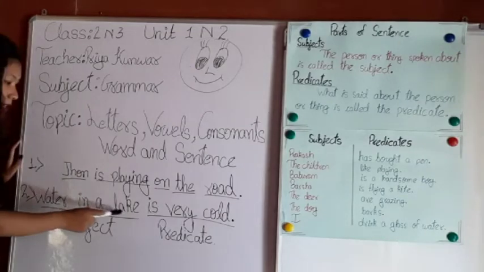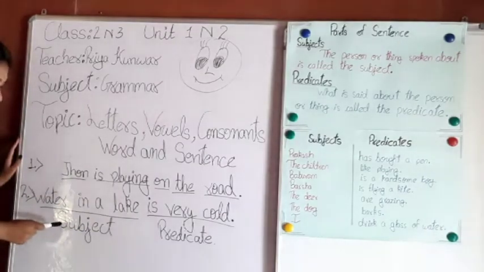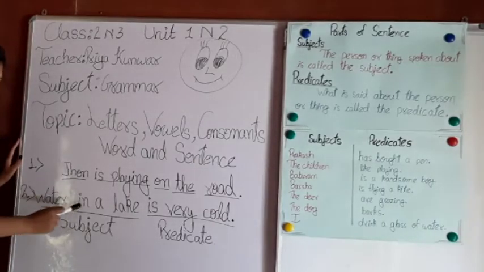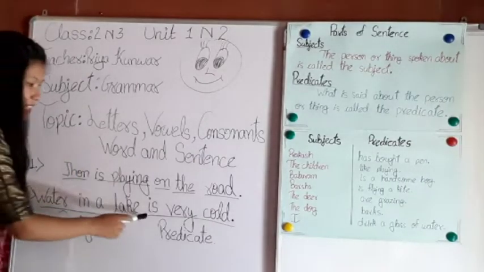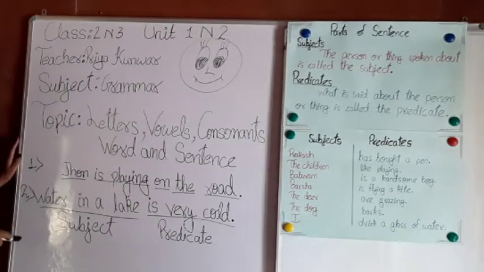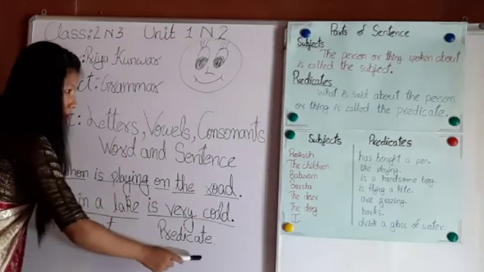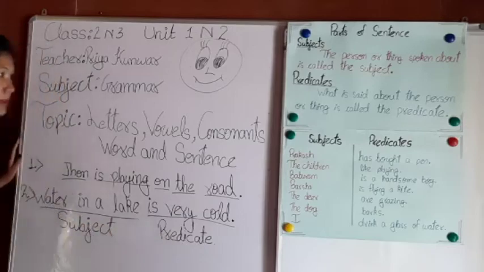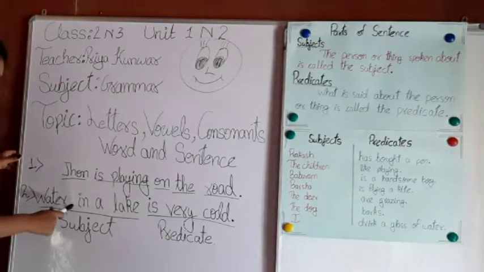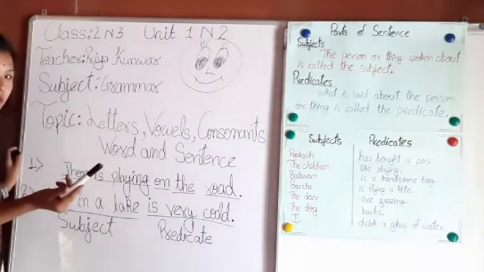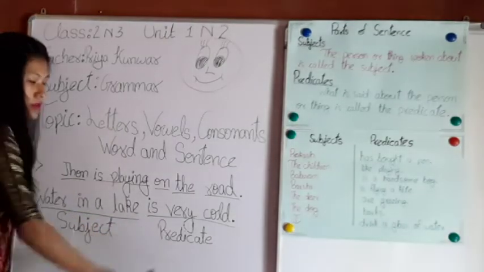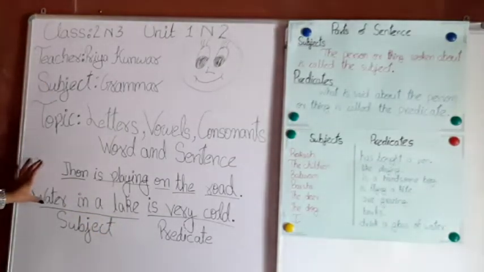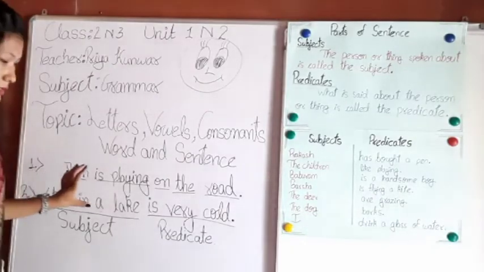Because water in a lake is the subject, we are talking about water in a lake, and is very cold is the predicate. So hope you understand these two examples.